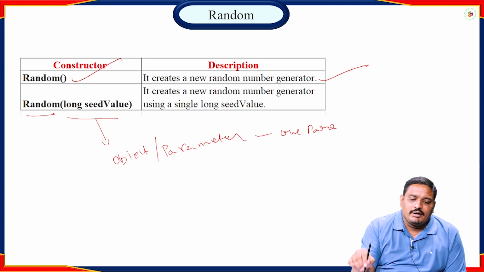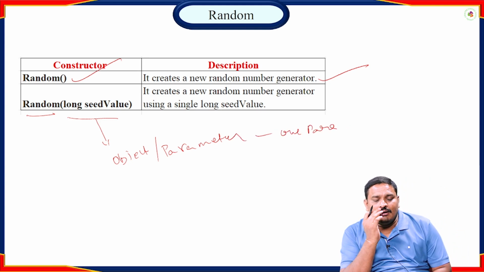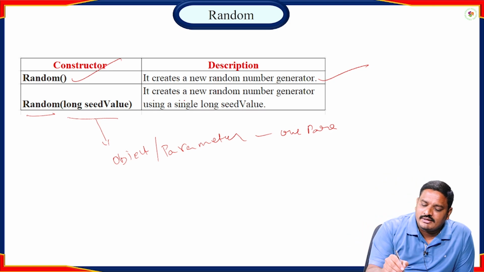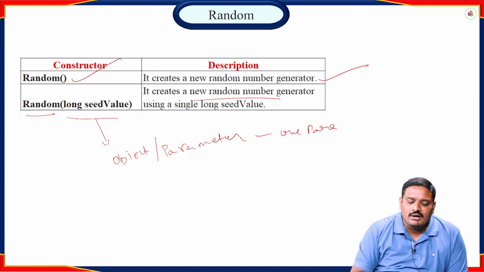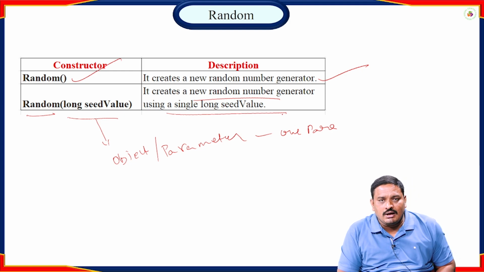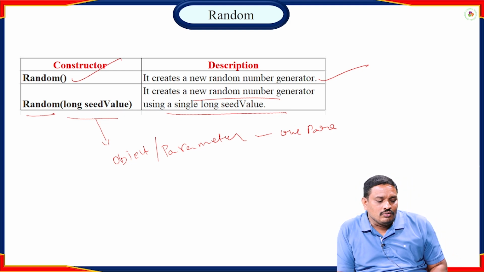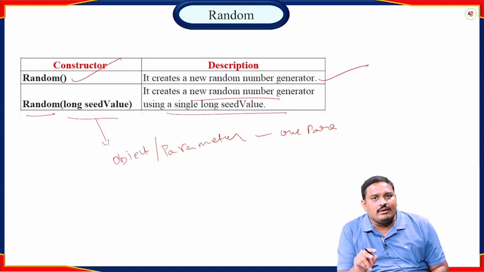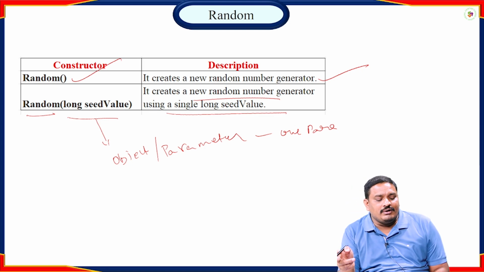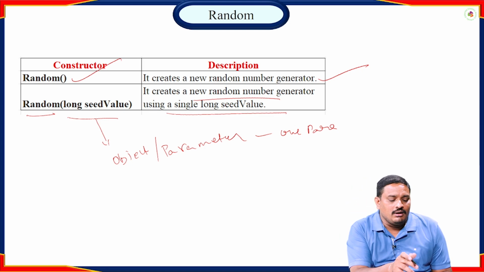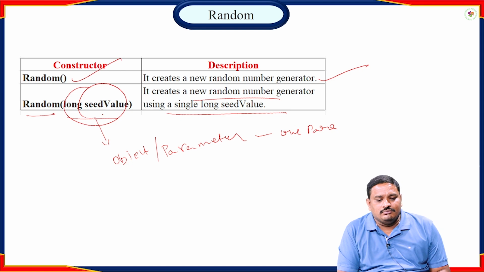What is the meaning of the long seed value? You can create a new random number generator by using a single long seed value. So the first constructor is Random with zero parameters, and the second is Random with a single parameter, called the long seed value.